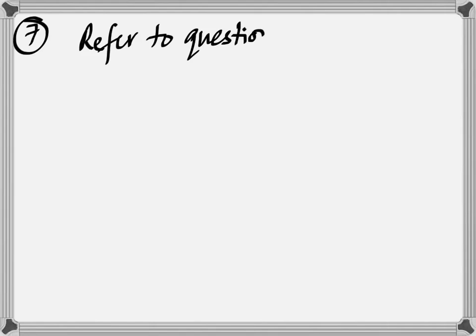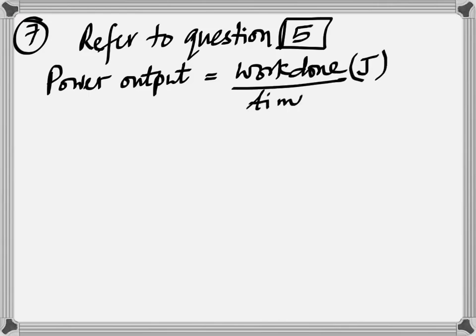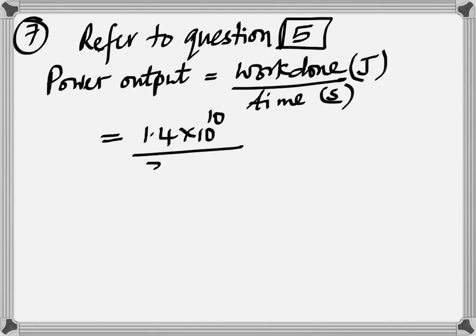Okay, I said refer to question number 5 because it's the same thing. Power output is work done in joules divided by time in seconds. The work is given as 1.4 times 10 to the 10. And why did I divide by 3600? Because 1 hour is 3600 seconds.